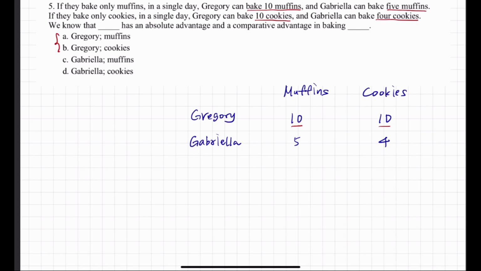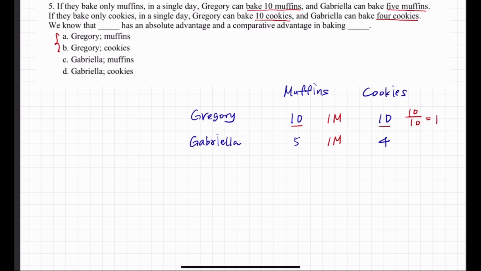In terms of comparative advantage, we want to know whether Gregory has the advantage in baking muffins or cookies. If Gregory makes one muffin, how many cookies can he make? 10 divided by 10, so he has one cookie. How about Gabriel?